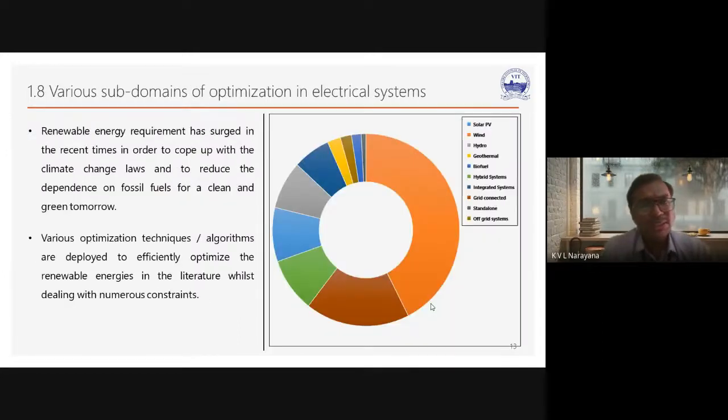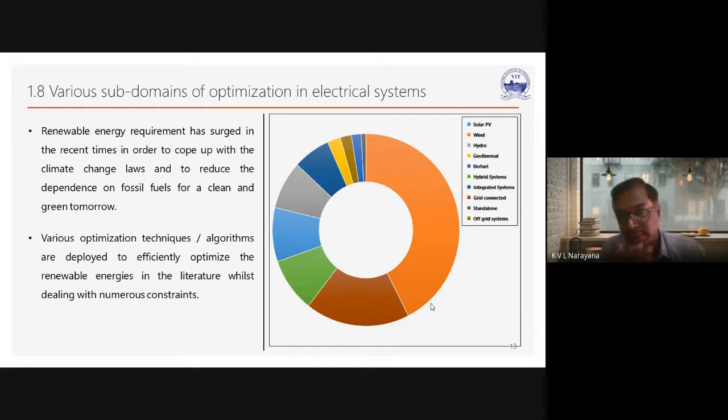There are various subdomains of optimization in the electrical system. Within renewable energy in the power system, optimization is extensively researched for wind, solar, hybrid systems, and hydropower as well. To be specific, grid integration of renewables and optimal scheduling are in good standing, and the role of optimization in these subdomains continues to increase.